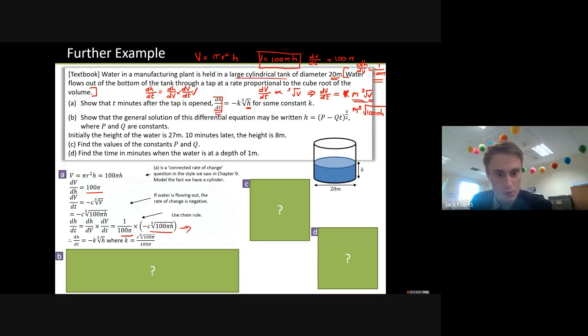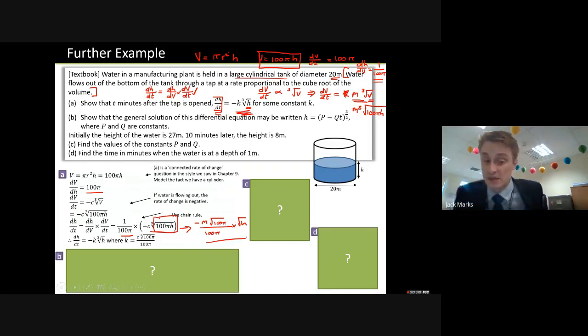And I suppose you could break all of that up into minus, they're using c, I'm using m, minus m root 100 pi over 100 pi times root h, using surd rules. Okay, using surd rules, you could break that bit up there, and that now matches what they've got there.